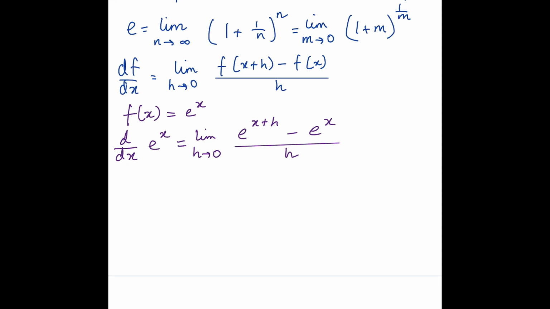Now, hopefully you can spot that we can factorise the numerator here. So I'm going to carry on the limit as h tends to 0 and take out e to the x to get e to the h minus 1 in the bracket.